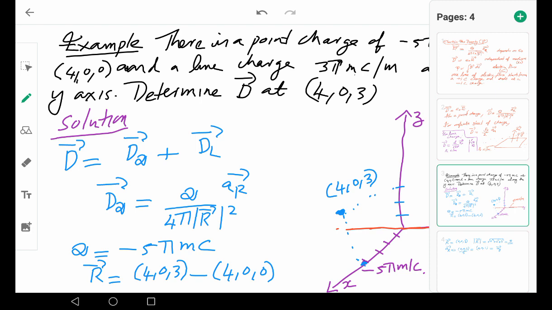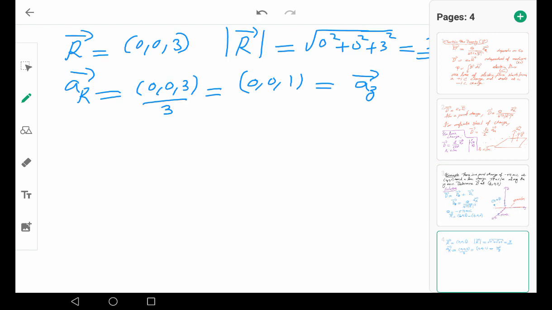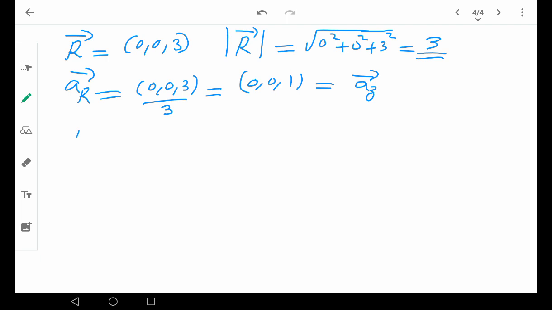So now you can write D_Q equal to minus 5π into 10 raised to minus 3 divided by 4π into 3 squared, into (0, 0, 1). 3 squared is 9.